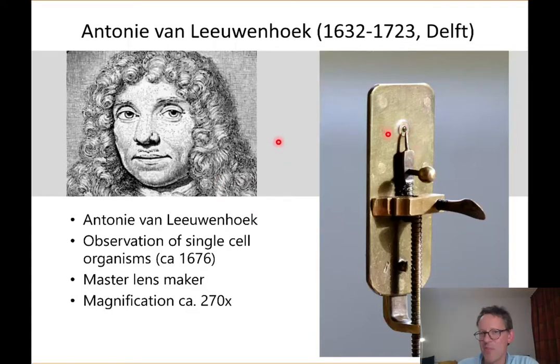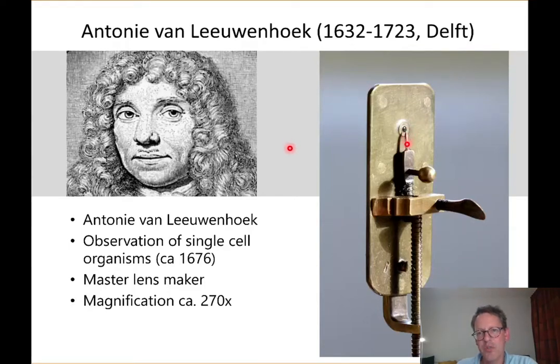This is not a compound microscope because it consists simply of an objective lens that you can see here mounted in this brass holder. And there's a pin here, and the pin contains again the sample, perhaps again the droplet of water containing the microorganisms that you look at.